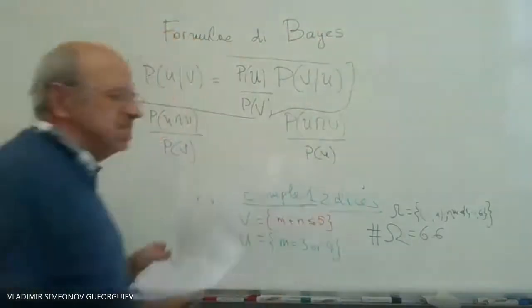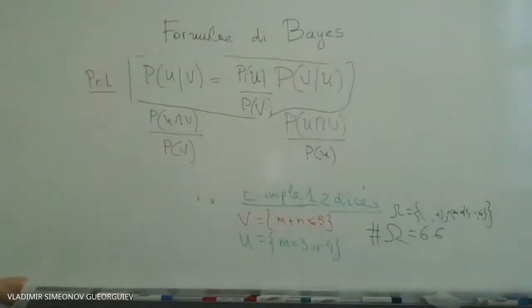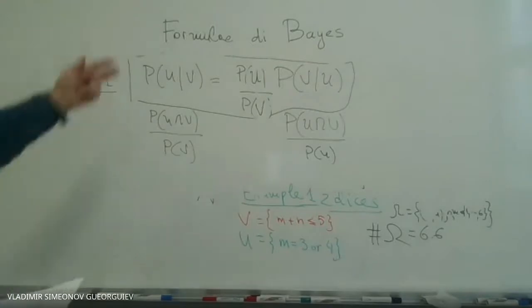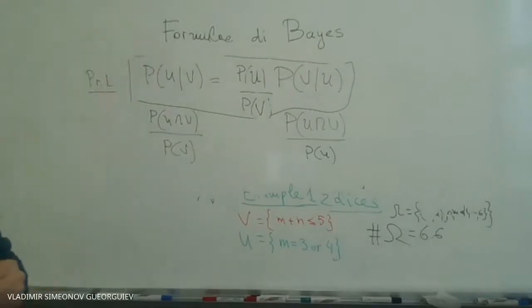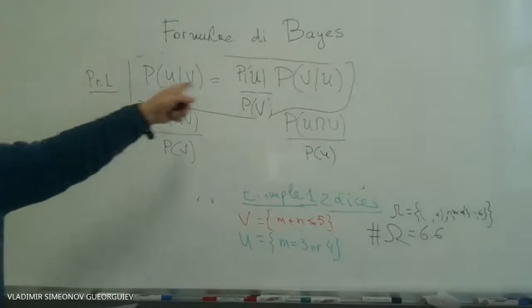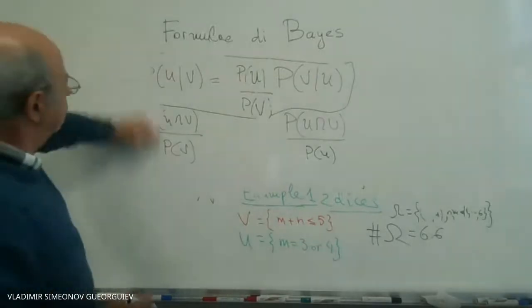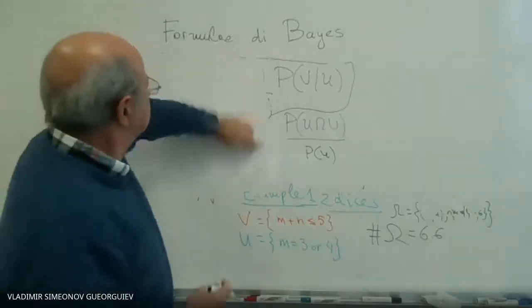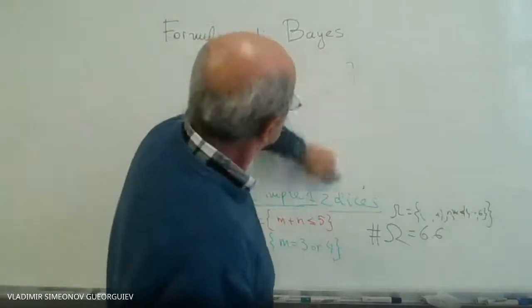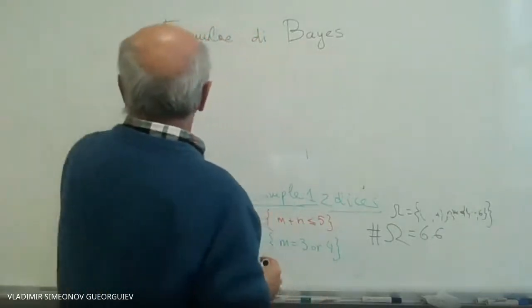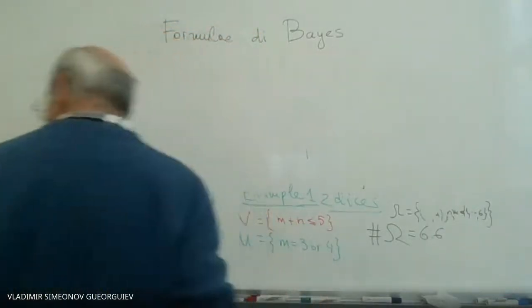This simply gives us relations connected with some conditional probabilities. In order to represent these formulas, and then make an example.